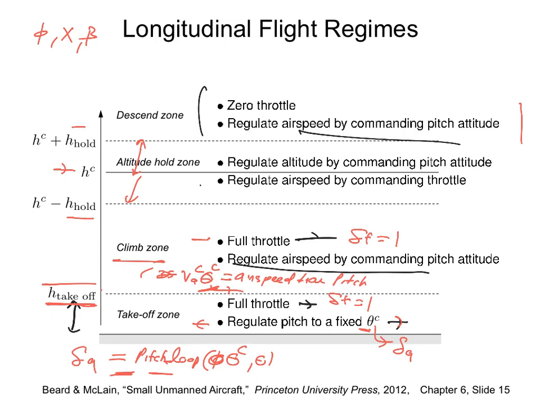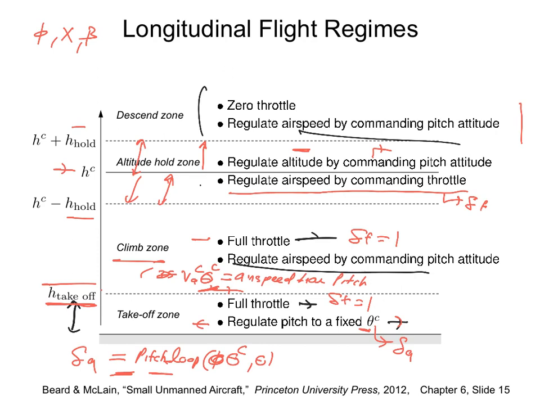And similarly in the altitude hold zone, depending on if you are below the altitude hold zone or above it, you have to choose. So here, if you're below, you control your airspeed using throttle. So you use delta T to change VA, and in this case you will use pitch to control your altitude. See, there's a reason.